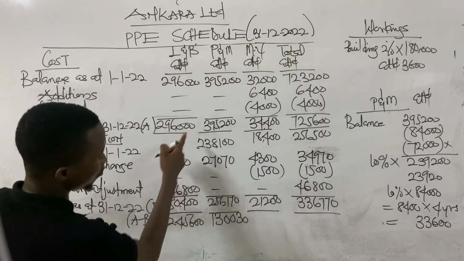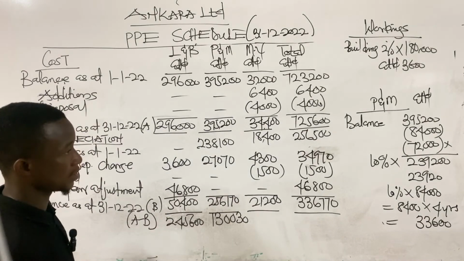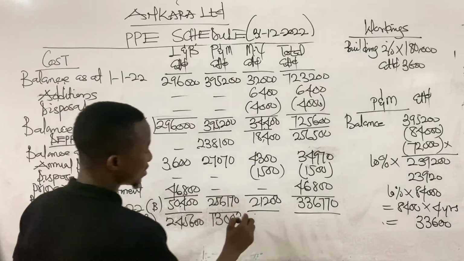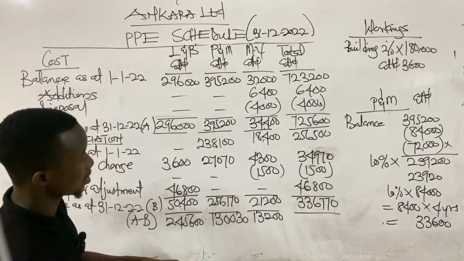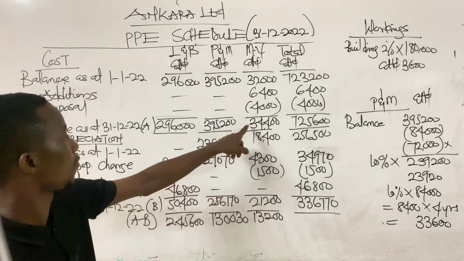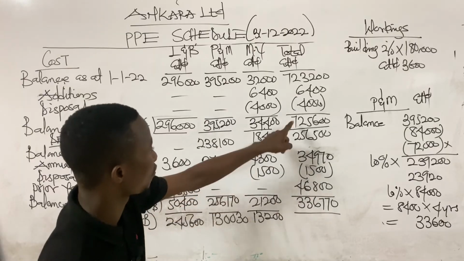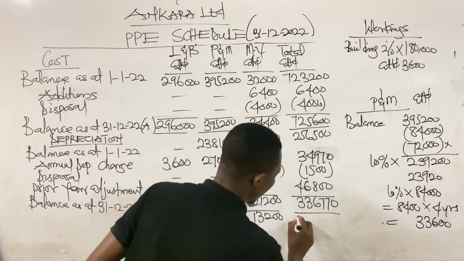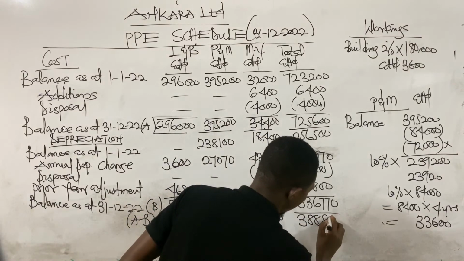When we subtract this, we will get 130,030. And this will also give us an amount of 13,200. After that, we can also subtract this from this or add these three, and this will give us 388,830.